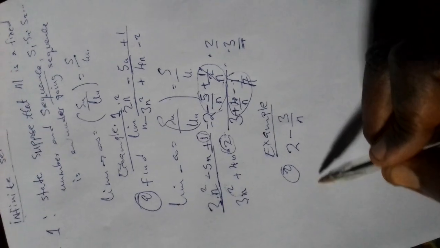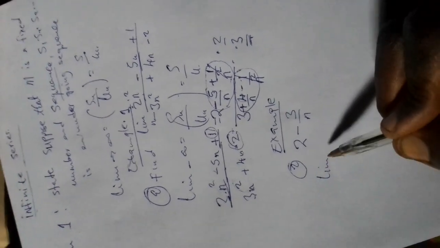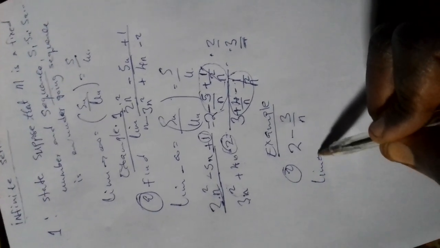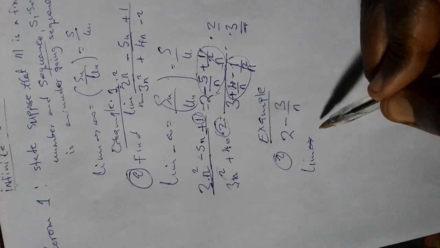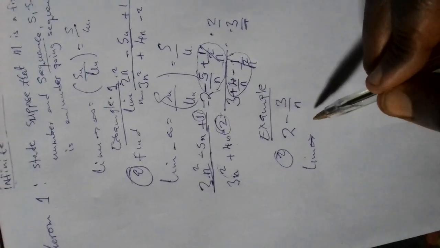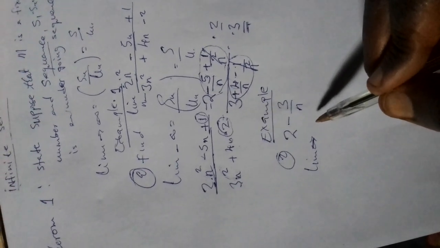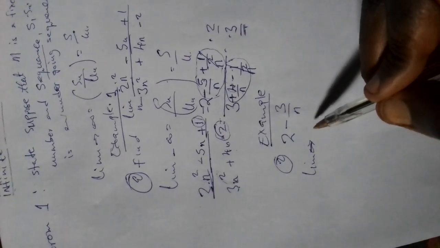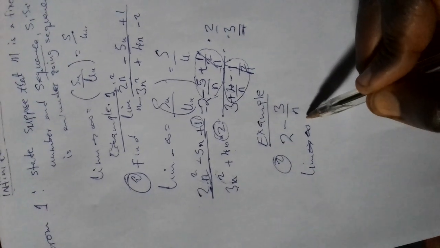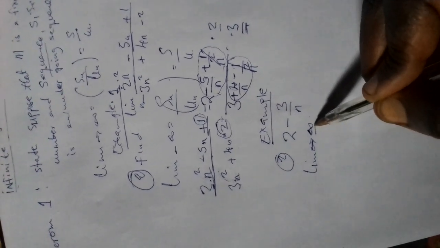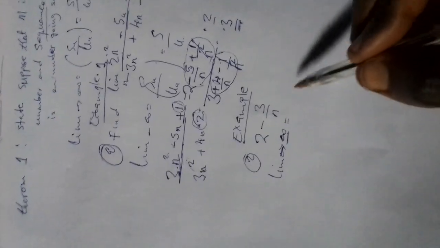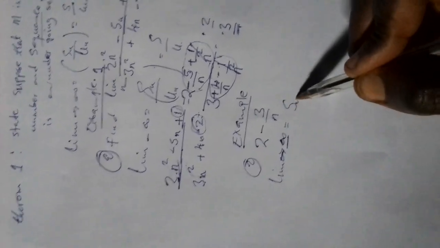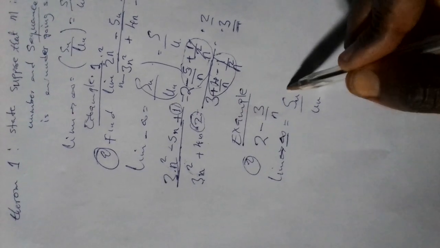You begin. Introduce your formula, which is the limit as n approaches infinity of a_n over u_n.